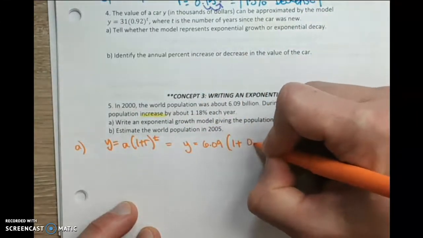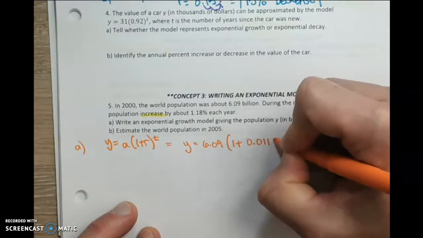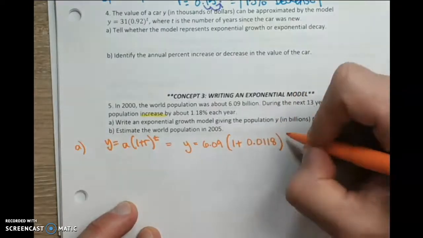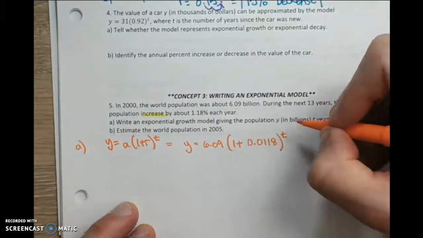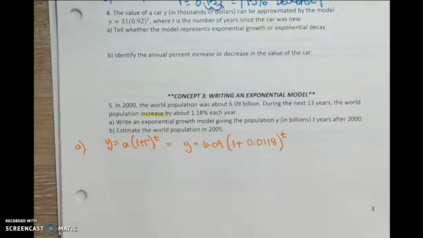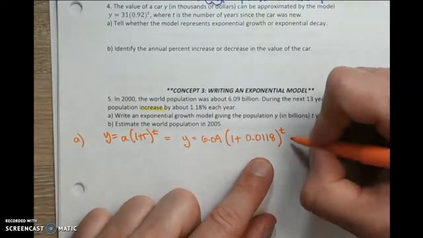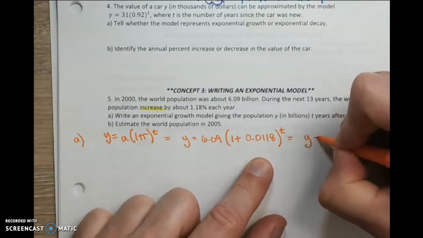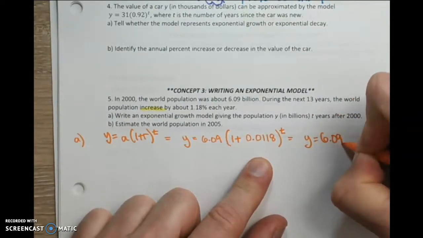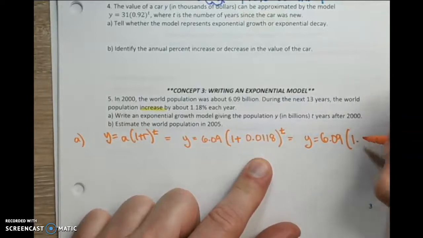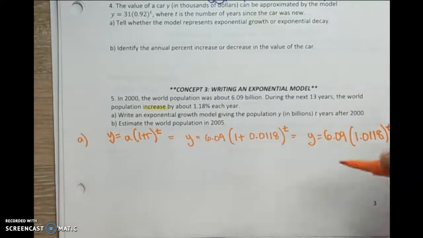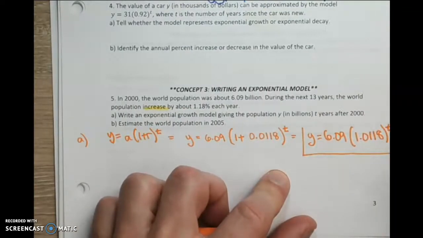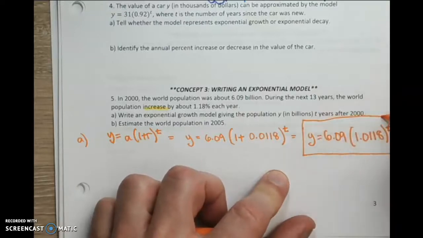So I get 0.0118, and then that's to the power of t. And now I'll just combine 1 and 0.0118. So now I have y equals 6.9 times the quantity of 1.0118 to the t power. And that's really the growth model that I'm looking for here.